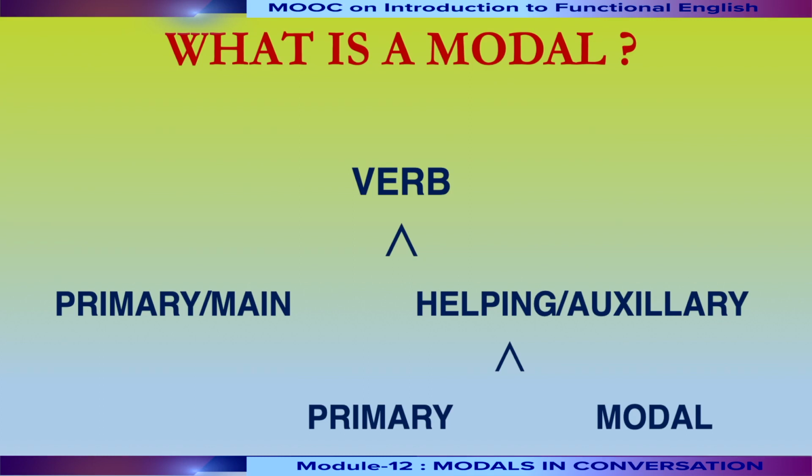While verbs have many divisions, they are broadly divided into two categories: the primary, principal or main verb in a sentence, and the helping or auxiliary verbs. We will concentrate on the second category, helping or auxiliary verbs, which are broadly divided into two: primary auxiliaries and modal auxiliaries or modals.